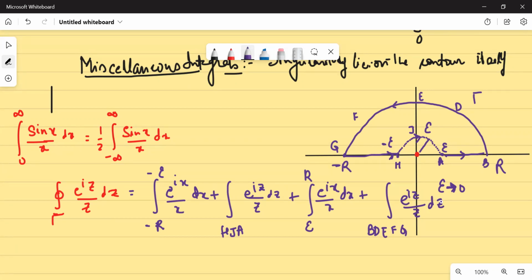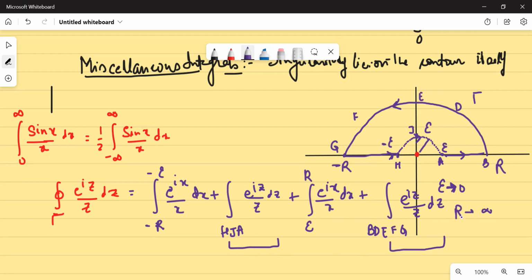Okay, now we'll see first, that earlier we also saw, inside the semicircular contour, that the integral over the arc becomes 0. So we'll be interested to see how this integration behaves and this integration behaves in the limit epsilon tends to 0 and also r tends to infinity.